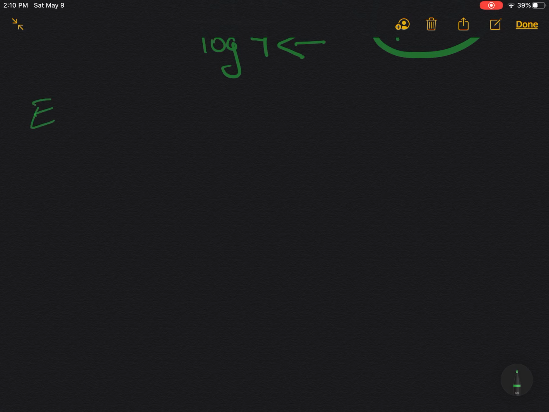So my next example, which is actually, I think, the easiest example so far of this lesson, you're going to have a log already in the problem. And again, I'm taking this straight from the book.